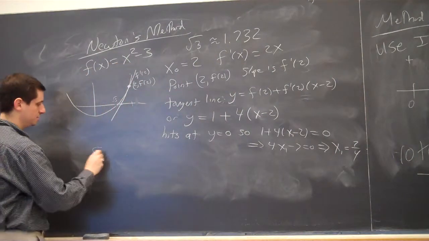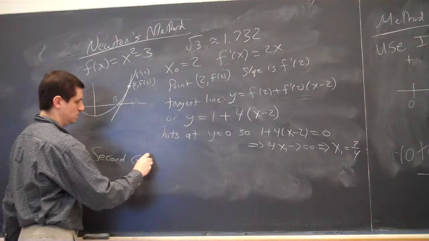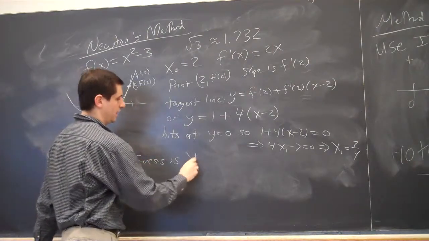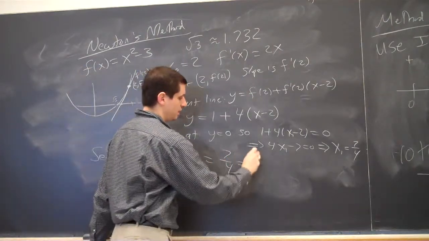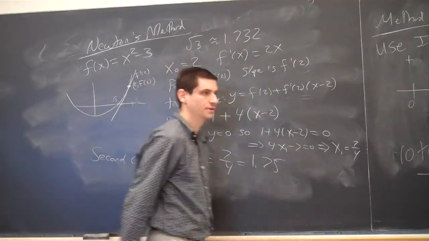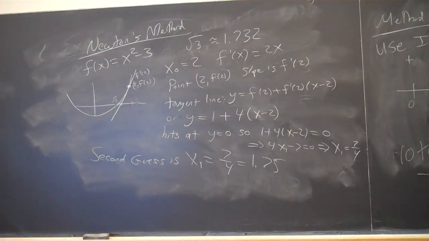So our second guess is x1 equals 7/4, which is 1.75. How good of a guess is this? It's pretty great.